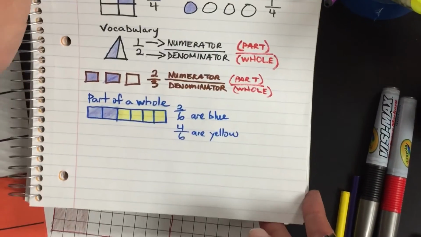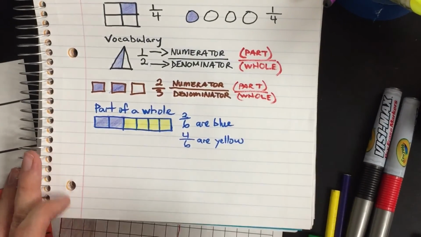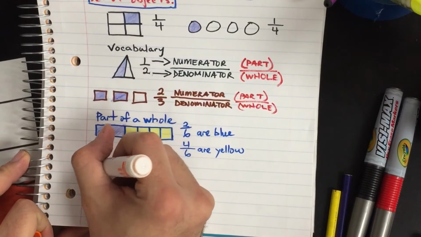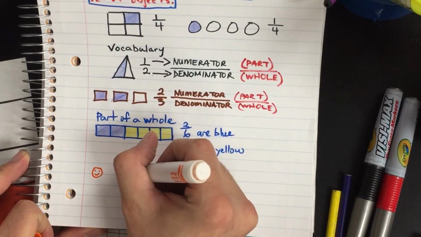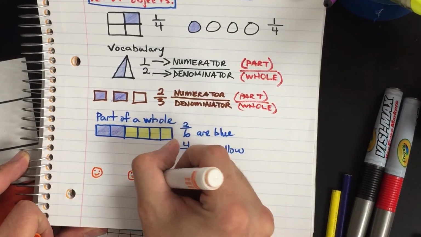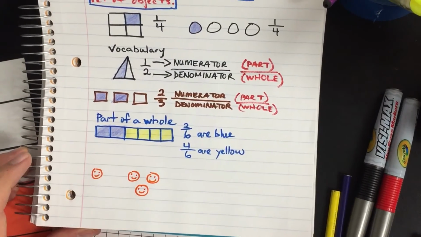Okay. So now let's do happy faces. I'm going to do 4 orange happy faces, and then 3 red.